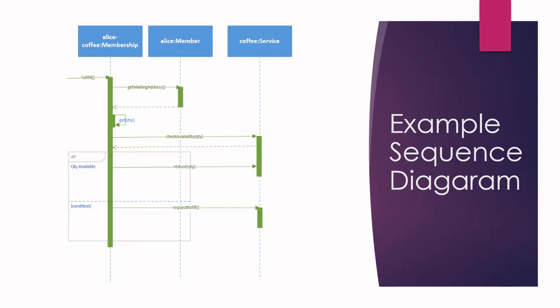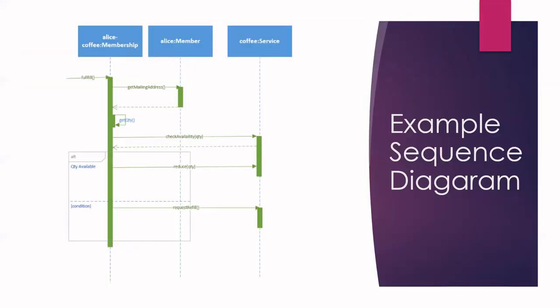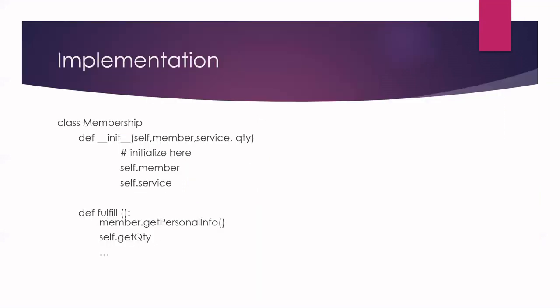Okay, now when we get to translate it into code, how would that work? When you define the membership cost, since it needs access to the member, and it also needs access to the service, then we need to send the member and the service as objects to the membership cost.